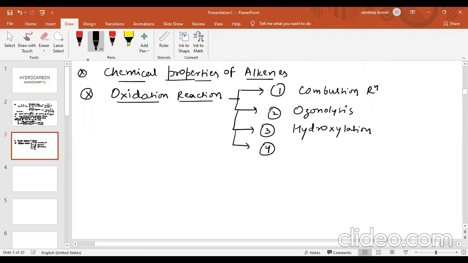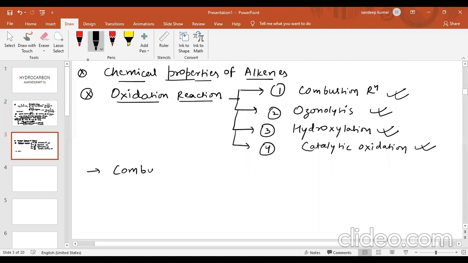And the fourth reaction of oxidation is catalytic oxidation. So these four reactions are combustion, ozonolysis, hydroxylation, and catalytic oxidation. So let us start with the first reaction, the combustion reaction.